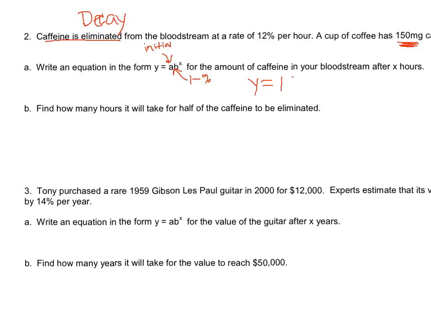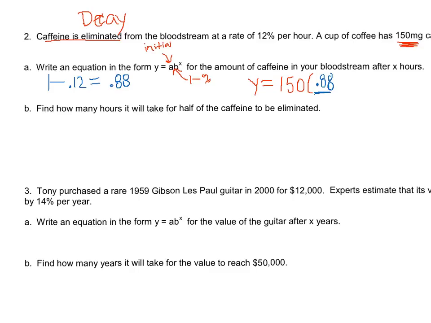So we're going to put that in for a. Okay, so now let's figure out what percent we're going to use. Well, we have 1 minus 12%. Now 12% as a decimal is 0.12. So 1 minus 0.12 is what I'm going to be putting in here. And so what's 1 minus 0.12? It's 0.88. So I'm going to put that in here, 0.88.